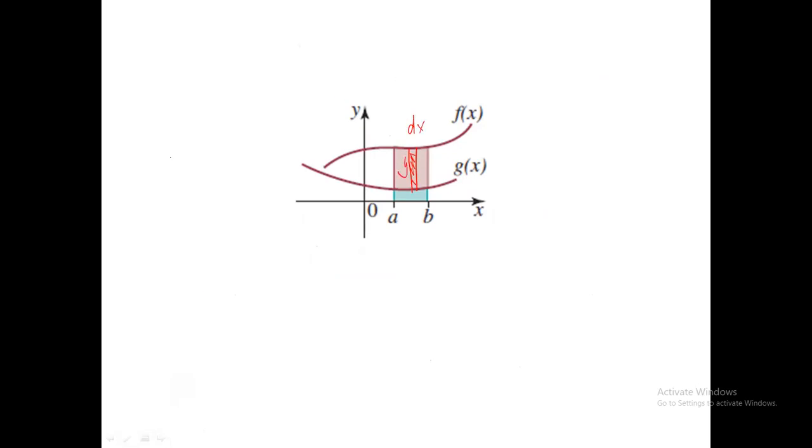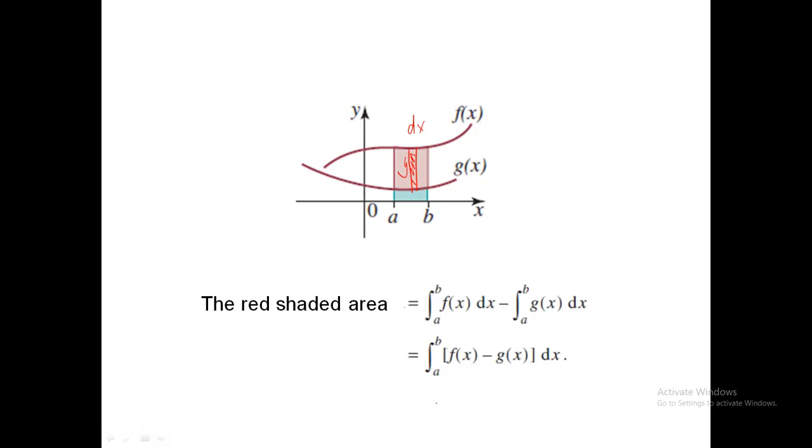So your area will be y dx, okay, the area of the differential element, and your y will be f of x minus g of x. Since it's dx, it should be having the limits a to b. That would be determining the area of this red region. Okay, pale purple, let's say pale purple.